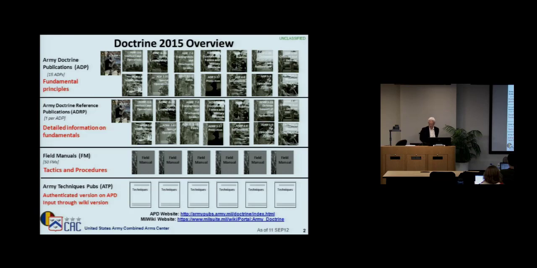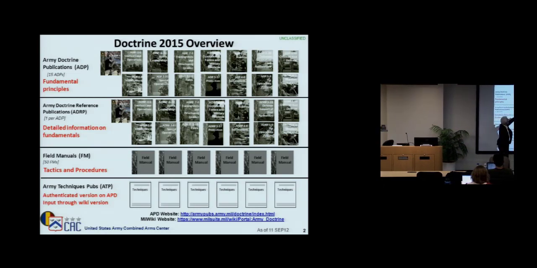Now, this is an overview of Army doctrine, and doctrine is conveyed, crystallized in publications, doctrine publications. And these are not all the doctrine publications, but they are a large fraction of them. So all of the official Army doctrine publications are listed here.